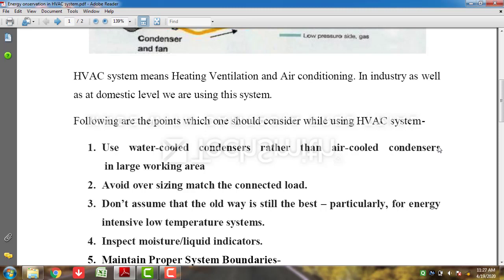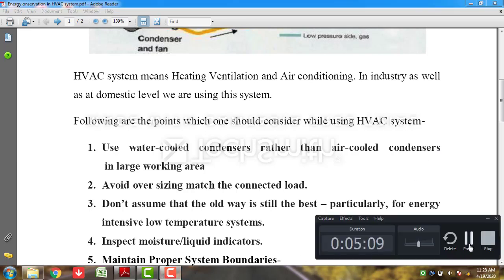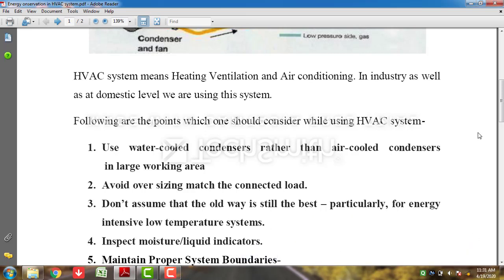Now the HVAC system is nowadays used in both industry as well as domestic level. Industry is also categorized into manufacturing companies and commercial buildings like malls, theaters, etc. There is a difference between the air conditioner we use at domestic level and the one for commercial or industrial applications.